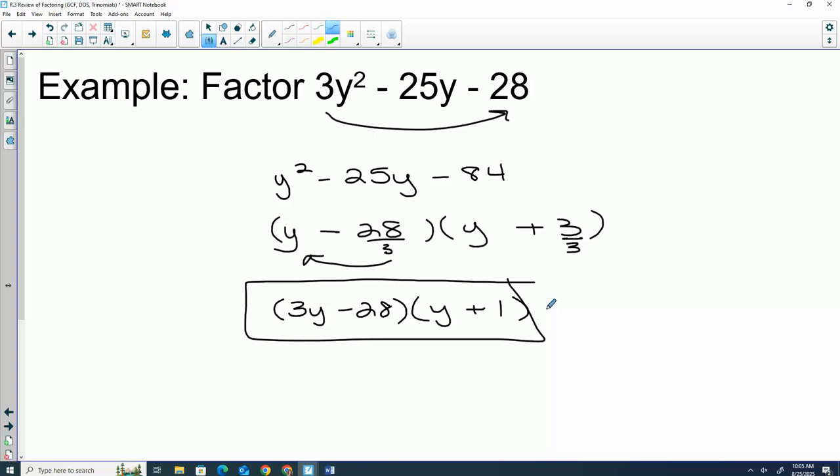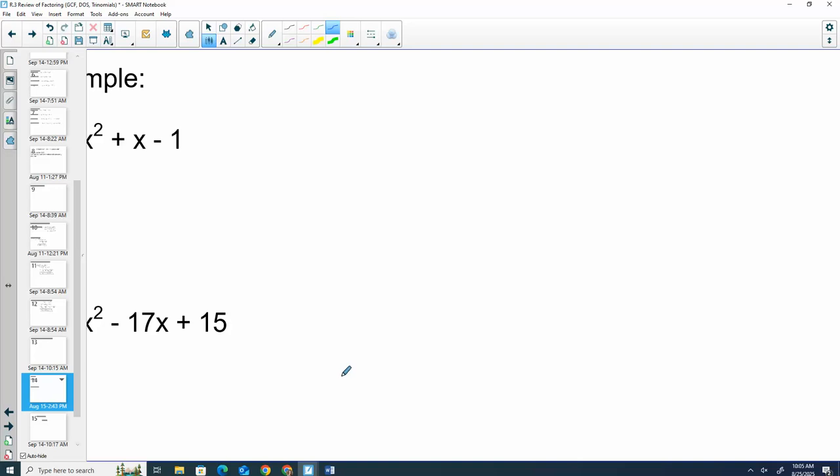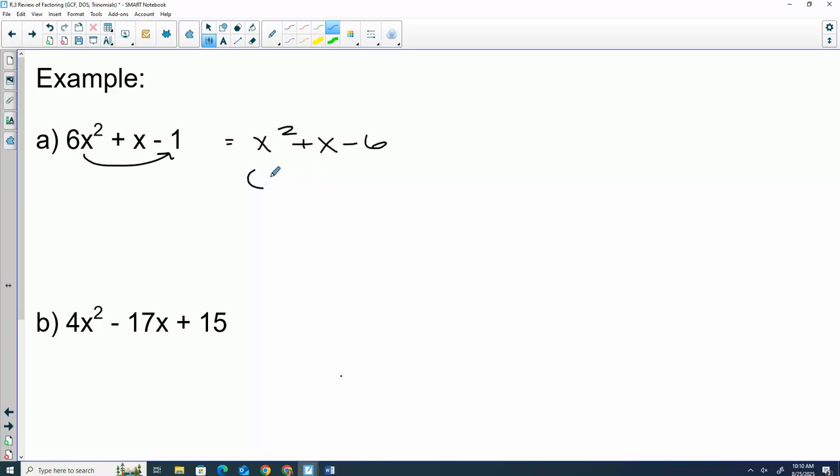All right. I want you guys to try one so I can make sure we're on track with these. I'll put a couple up here for you. So first one, take our 6 down. So we have x squared plus x minus 6. Multiply to a -6, add to a +1.